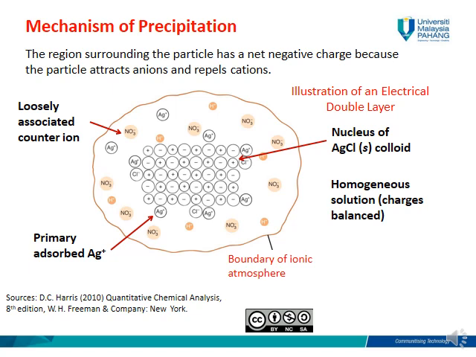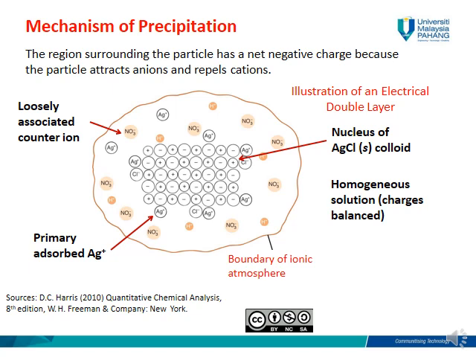When we talk about the primary adsorbed silver ion, you can see that the silver ion is attracted to the negative charge of the precipitate. This is the primary adsorbed layer, the first layer of the precipitate.